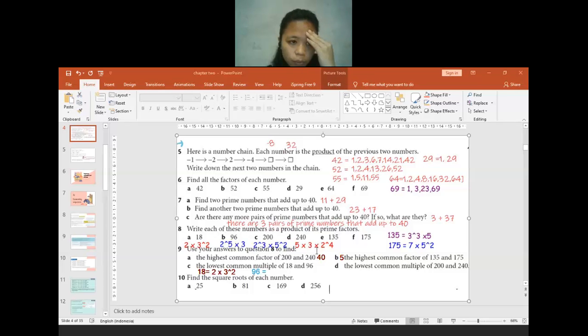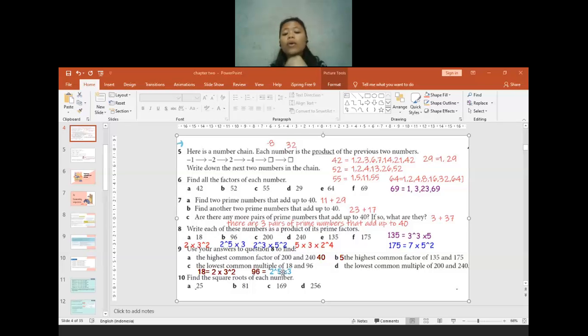It's given already before. Yes, it is the lowest common multiple. The answer is not 6, it's not 225, and it's not 2. Okay, thank you. The 96 is 2 to the power of 5 times 3.